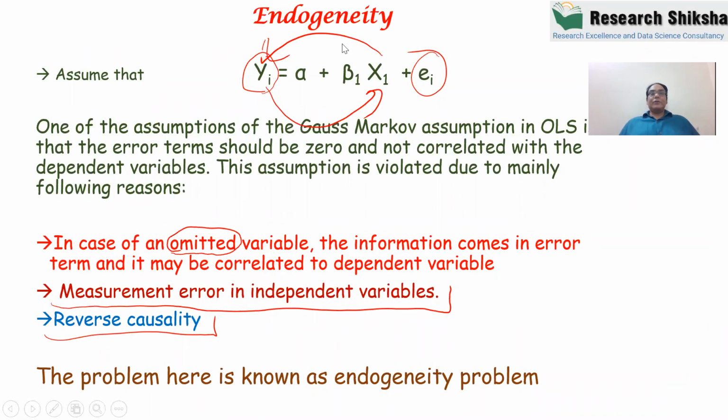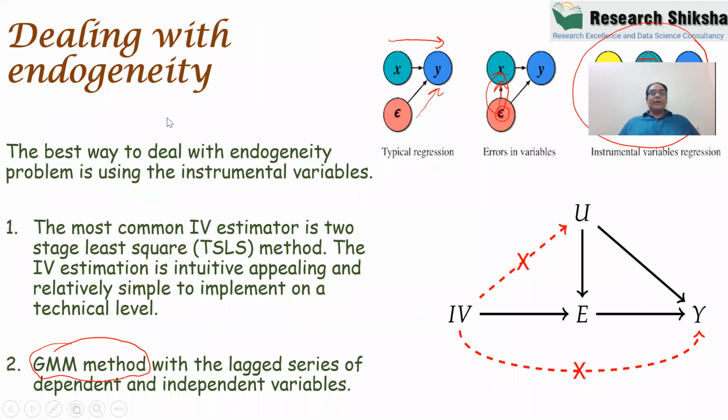Like I told you, when the dependent variable is correlated with the error term, this is case one of endogeneity, and it is possible because of three reasons. And endogeneity can be solved with the help of two methods: second stage least square and the GMM method. GMM method I will discuss tomorrow.